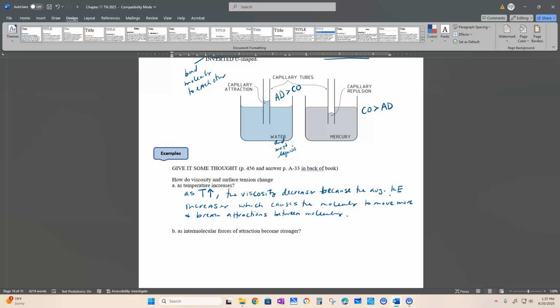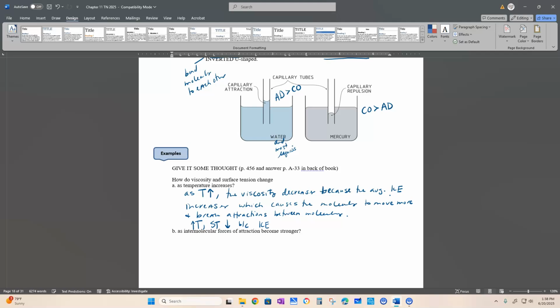What about surface tension? Okay, so with surface tension, as you increase temperature, surface tension actually decreases. Okay, and I don't mind in your notes if you use the up and down arrows, that's fine. Because, remember, you're cranking up the temperature, so what else is changing?